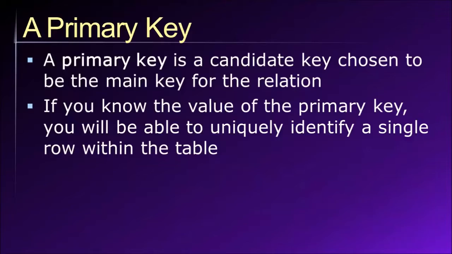For example, if I have an employee relation which contains a primary key column that is named employee ID, and I know that the employee ID in which I am interested is employee ID number 2, I should be able to uniquely identify a specific employee, just one employee, within that table.